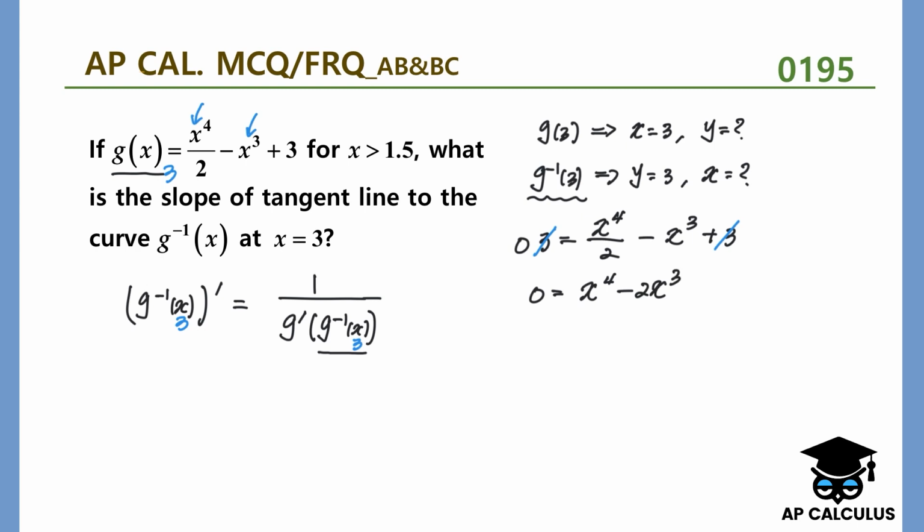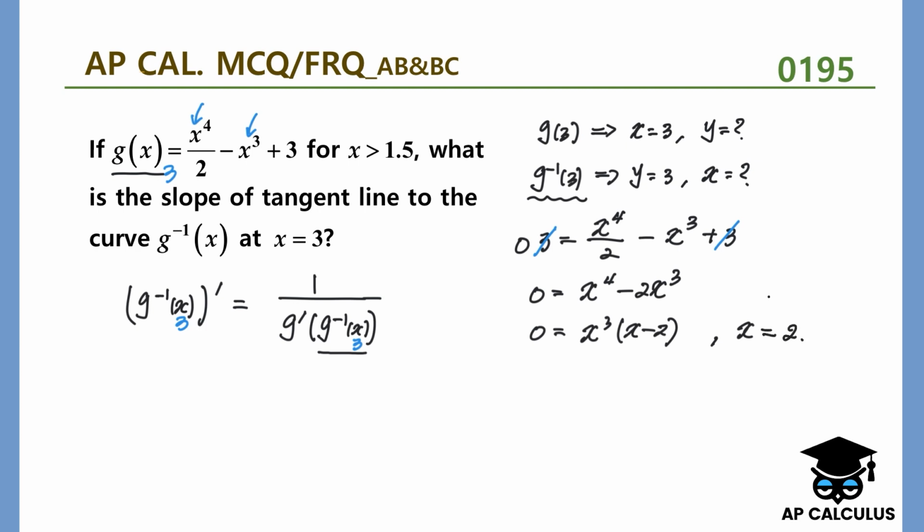This is just a simple equation. So 0 is equal to, let's factor, x cubed times x minus 2, right? So x is 0 or 2, but this g function is defined for x greater than 1.5, right? So x has to be equal to 2, right?